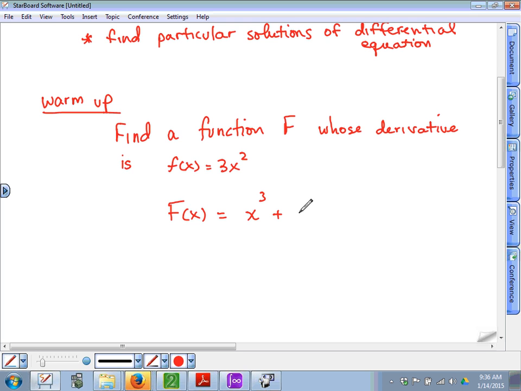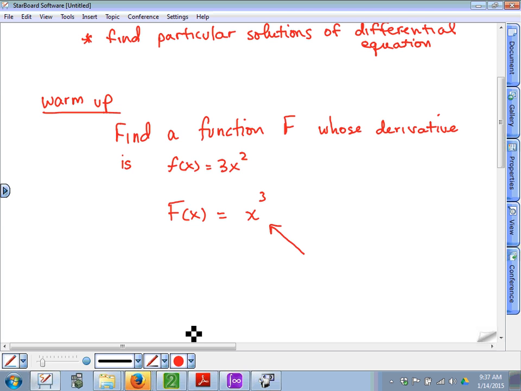Could I add anything I wanted, like 3x squared? No. What did it have to be? A number. A constant. Why? The derivative of a constant is zero. Okay? So anyway, let's just assume that the first go-around we all had x to the third.